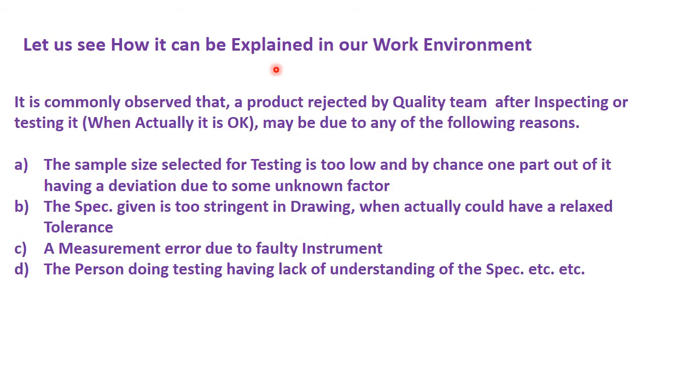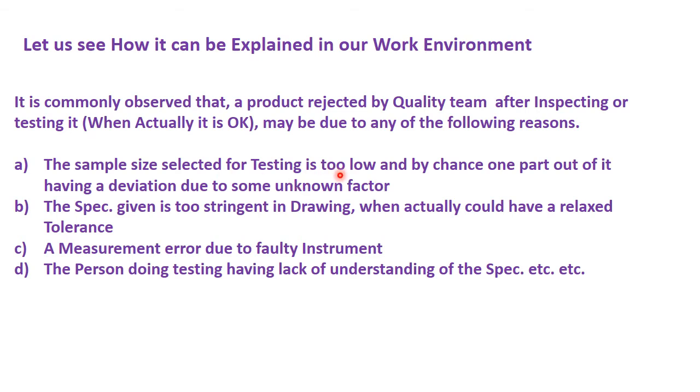Let us see how it can be explained in our work environment. It is commonly observed that a product is rejected by the quality team after inspecting or testing it, when it is actually okay, maybe due to any of the following reasons. That means it is an okay part, but our quality team is rejecting it due to maybe some of the following reasons.